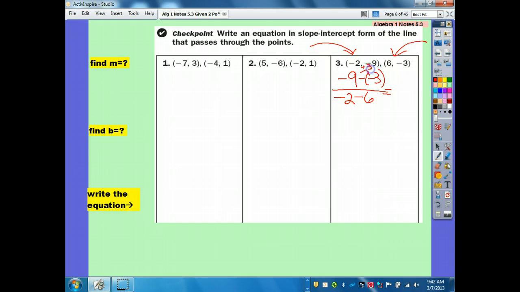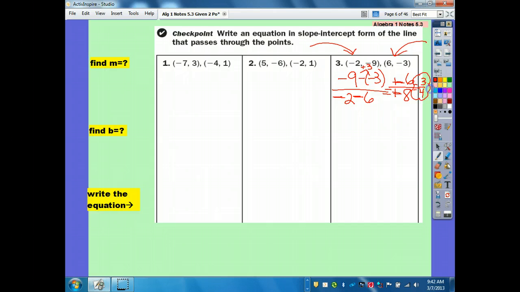Turn it into a plus 3. So negative 9 plus 3 is negative 6 over 9. What's a negative 2 and a negative 6? Negative 8. So now I have a negative over a negative, which turns into a positive. And simplify, we get 3/4.